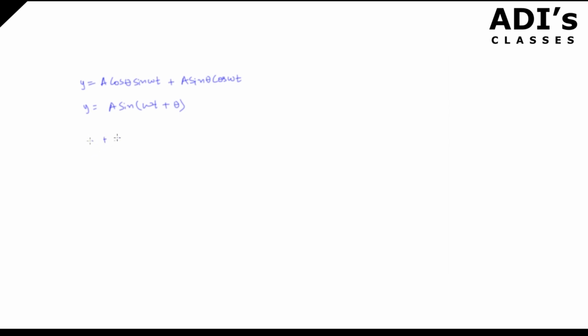So you'll end up with Y is equal to A cos theta sin omega t plus A sin theta cos omega t. Now if you take A common, don't you think this is of the form of sine of A plus B? So we'll get Y is equal to A sine of omega t plus theta.